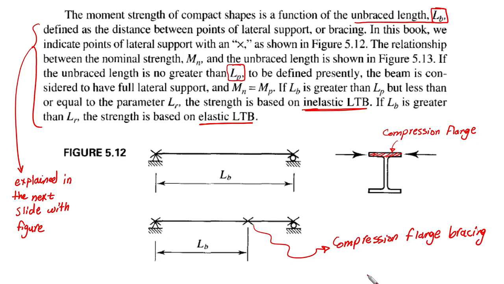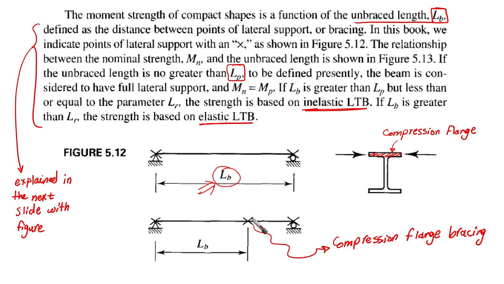Now I'm going to talk about something related to the braced length and unbraced length. Whenever we have a beam, we are going to assume that the distance between the points that are bracing the compression flange, we are going to denote it with LB.